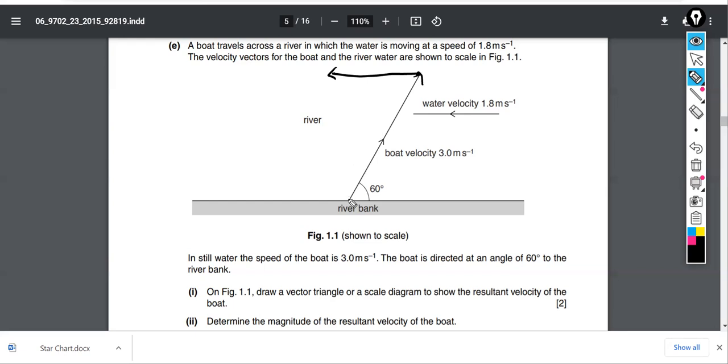And when I draw this line that connects them, remember the resultant connects the tail of the first vector to the head of the last, call it R for resultant. I could measure that with my ruler and say, if this many centimeters is 1.8 and this many centimeters is 3, use that proportion and scale to solve it with a scale diagram.